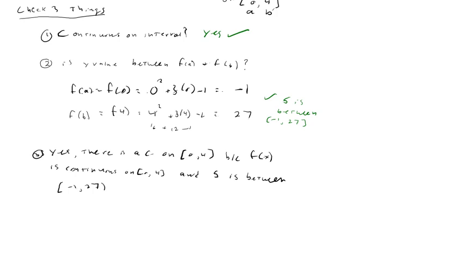I have to state all the things. I got my two statements: f of x is continuous, and 5 is between -1 and 27.